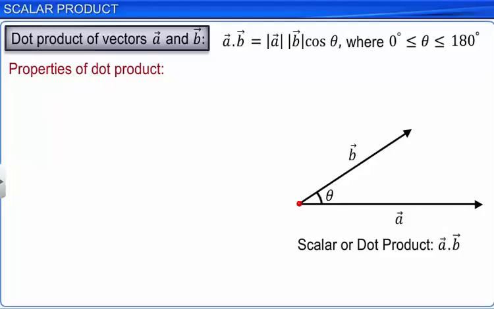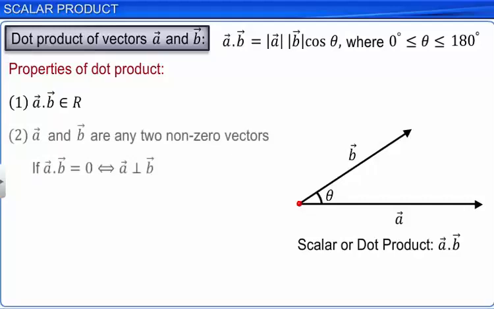Therefore, the product of the magnitudes of vector A and vector B and the cosine of the angle between them is a real number. Hence, we can say that the dot product of any two vectors is a real number.